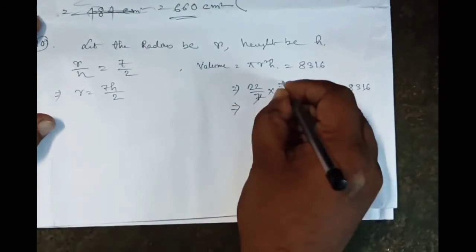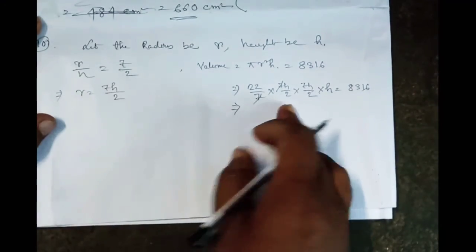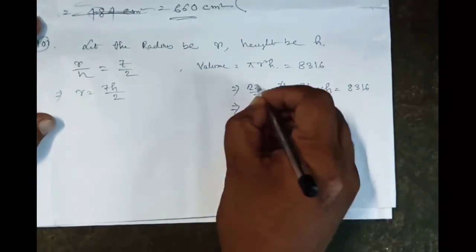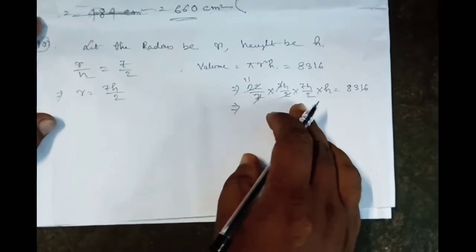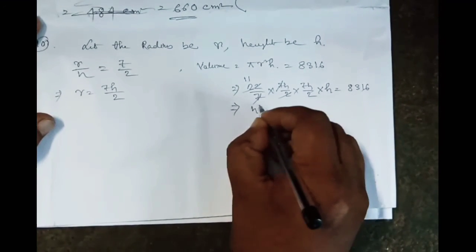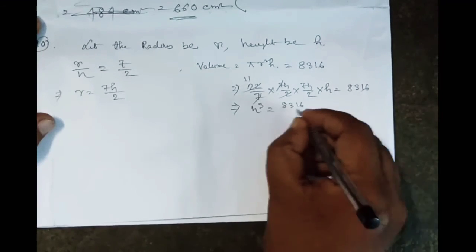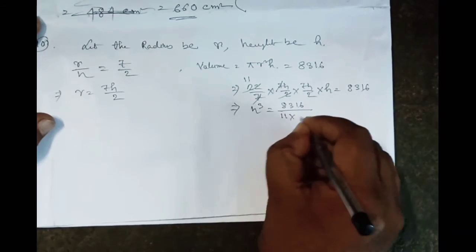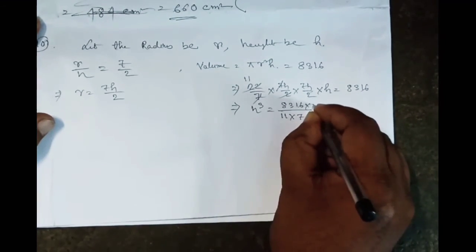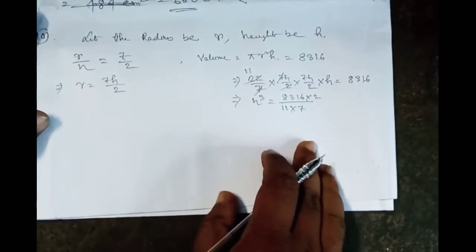Now this should be cancelled. 11. So h cube means 8316 divided by 11 into 7 into 2. Okay.